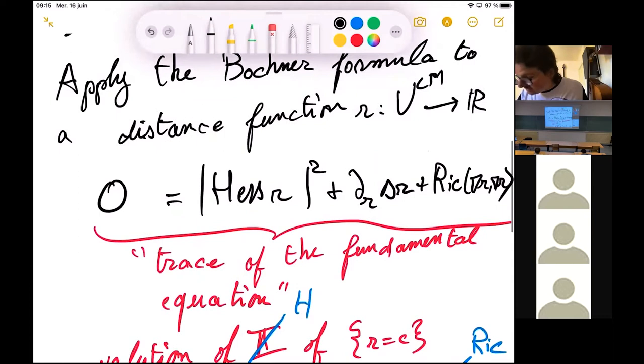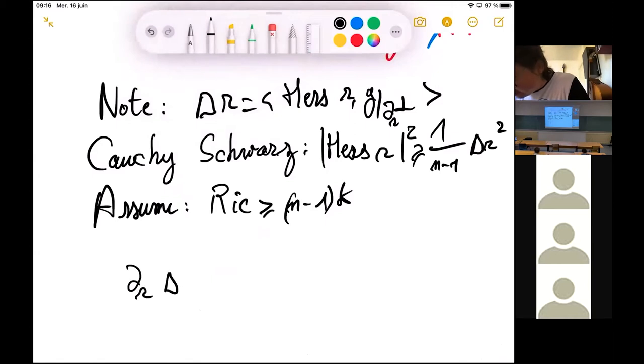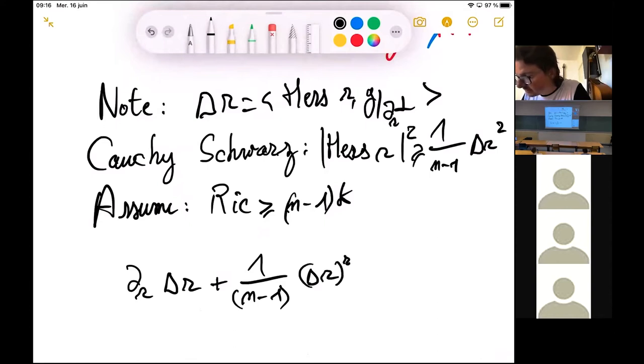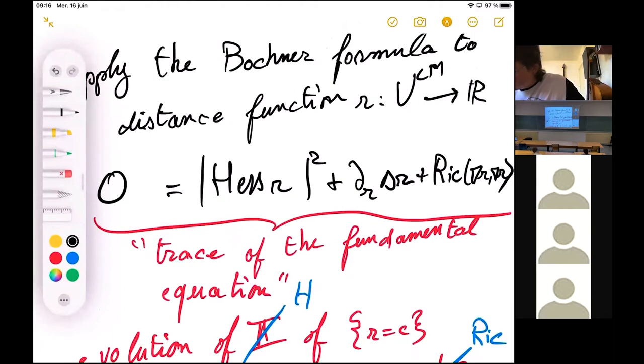Then this equation gives you a very useful inequality, which will be the following: d_r of the Laplacian of r plus 1 over n minus 1 times the Laplacian of r squared plus n minus 1 times k is less than 0, if I'm not mistaken.